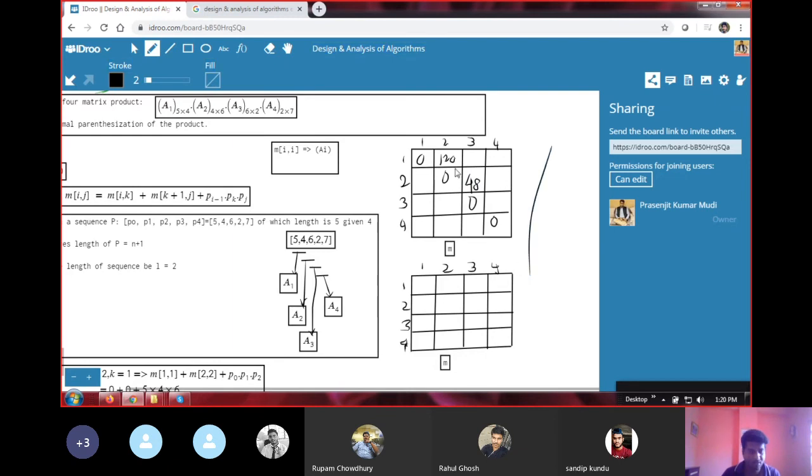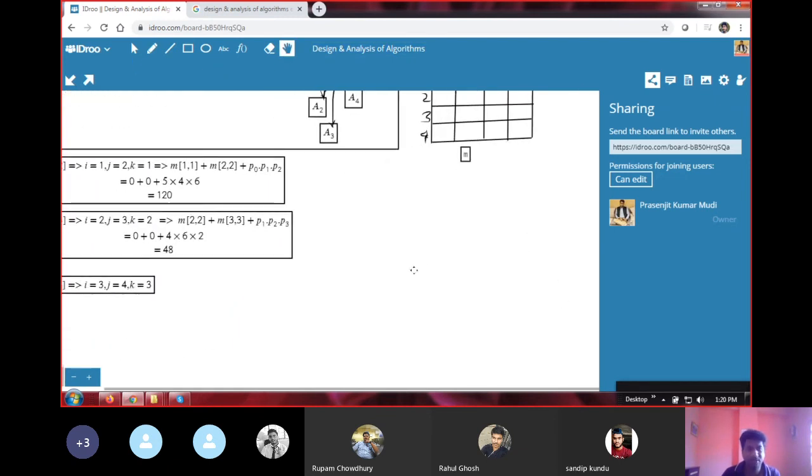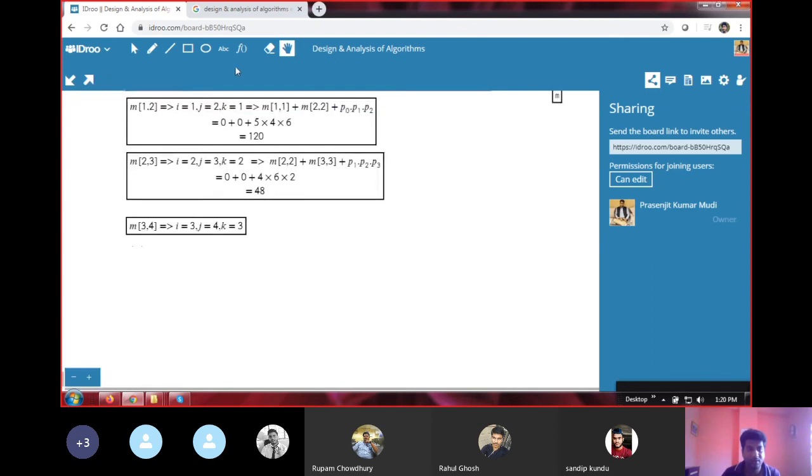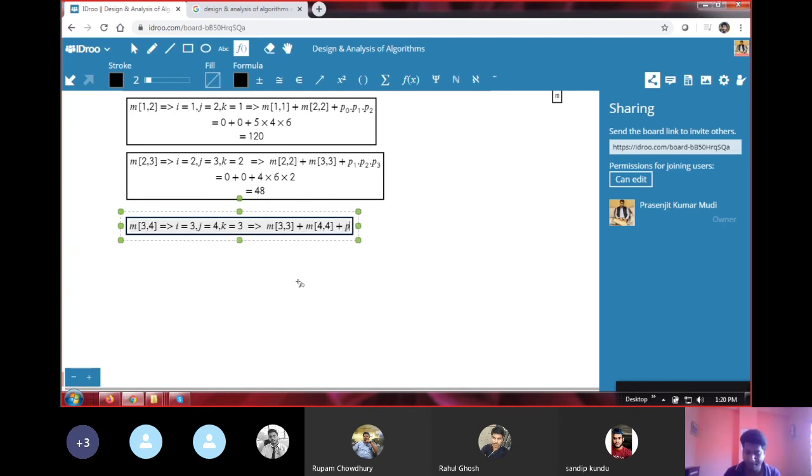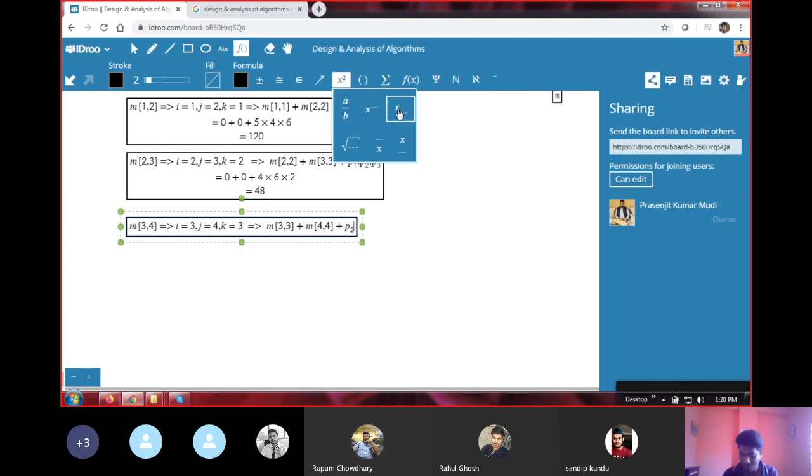Similarly, you calculate here M33 plus M44 plus P2 dot P3 dot P4.